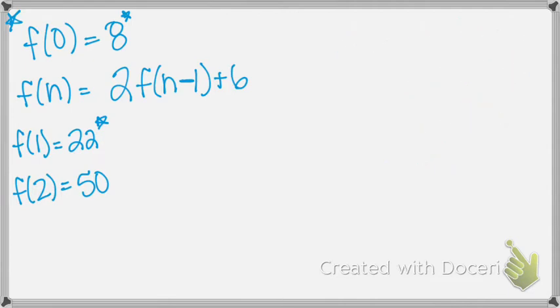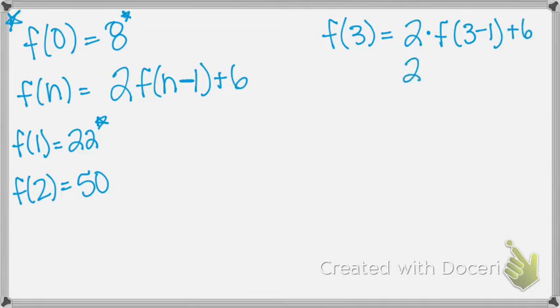All right. Next, we're doing the last one, f of 3. So use our function rule. We have to look back and see what f of 2 was.